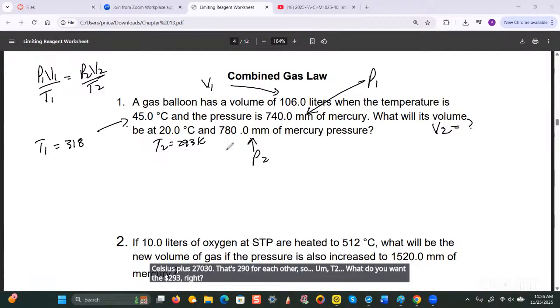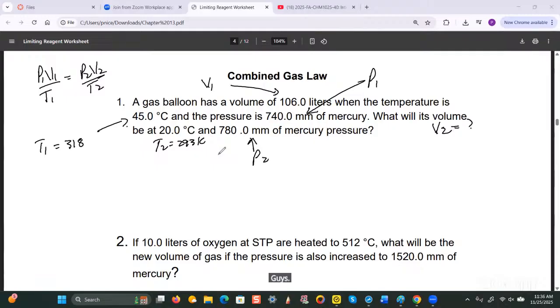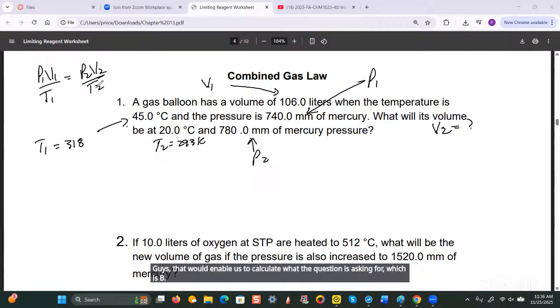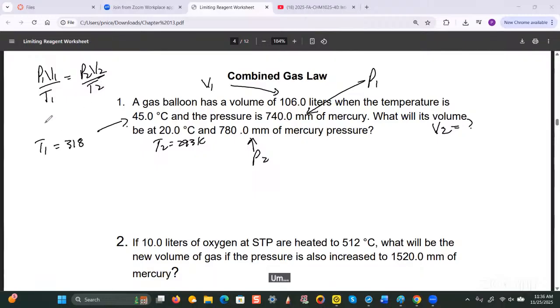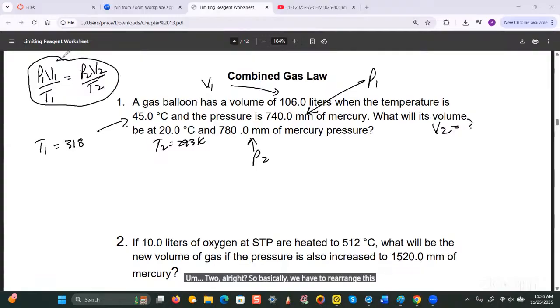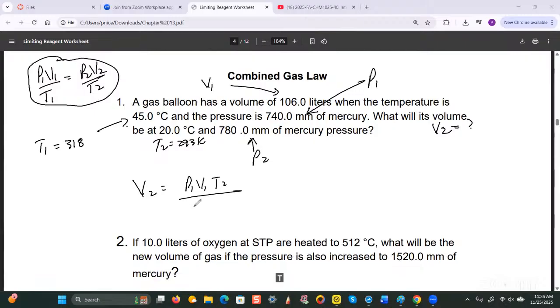Okay, so basically in the question, we're given the 5 values that would enable us to calculate what the question is asking for, which is V2, all right? So we have to rearrange this equation here to get an expression for V2. So V2 based on this equation would be P1 V1 T2 divided by T1 P2, right? And then we put the numbers in.